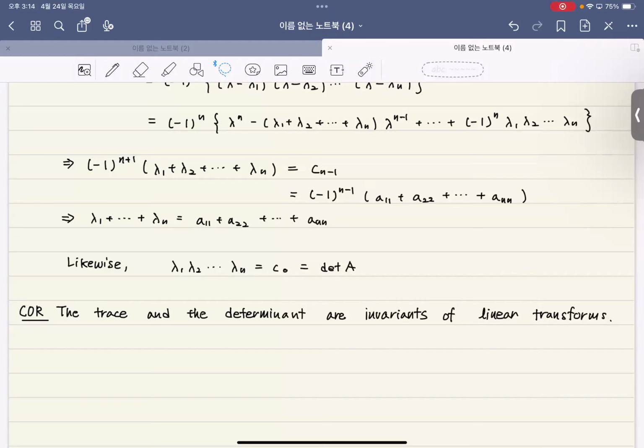If the trace and determinant are all the same, then those two matrices may be similar to each other, but that does not guarantee it. On the other hand, if at least one of these two invariants is different, then that is clear evidence that those two matrices can never be similar to each other.